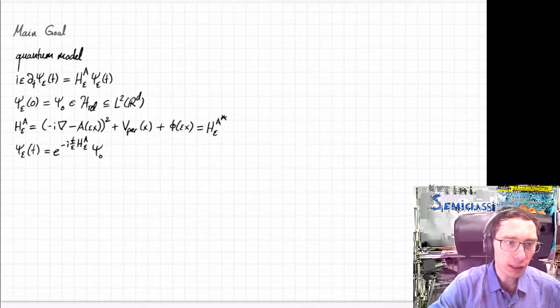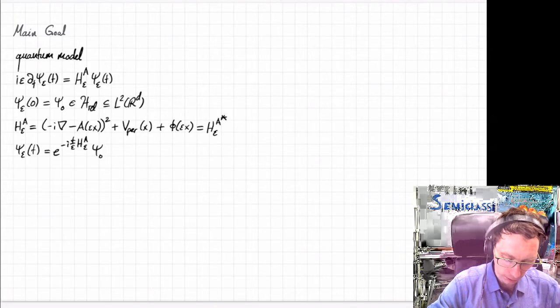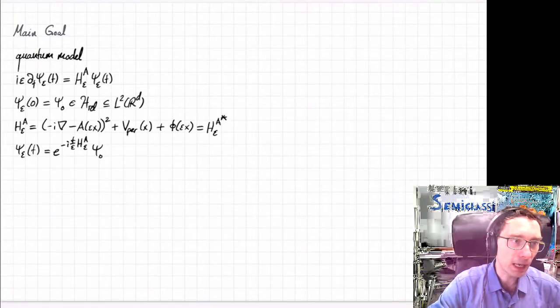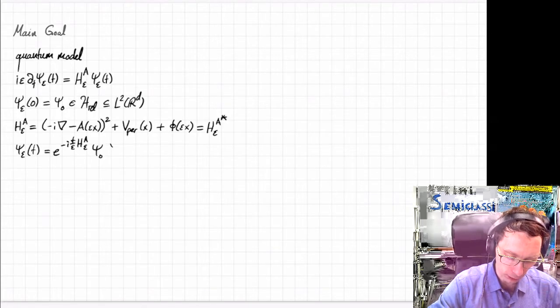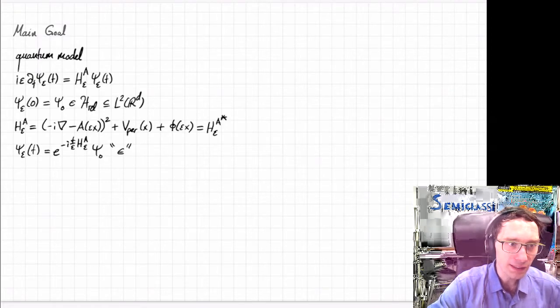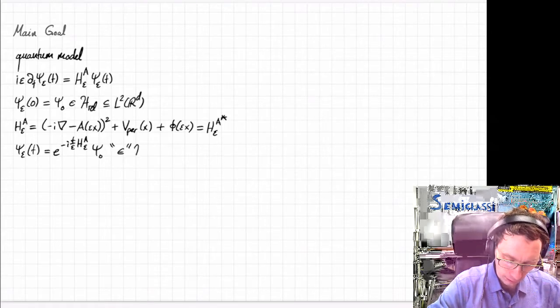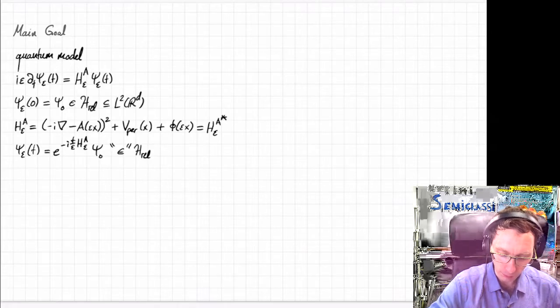And importantly, so this is something that needs to come out of the analysis, and let me add quotation marks here, because this need not be true exactly. This can be true just approximately. But the time-evolved state should stay in this relevant subset, or in this relevant subspace, rather.